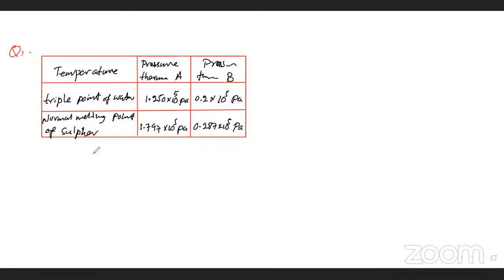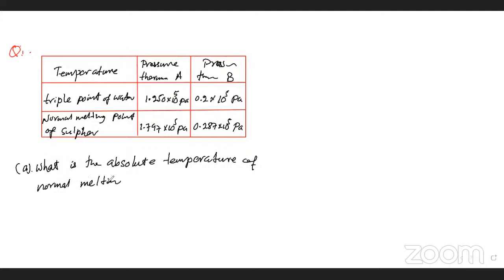The first part of the question is the absolute temperature of the normal melting point of sulfur.